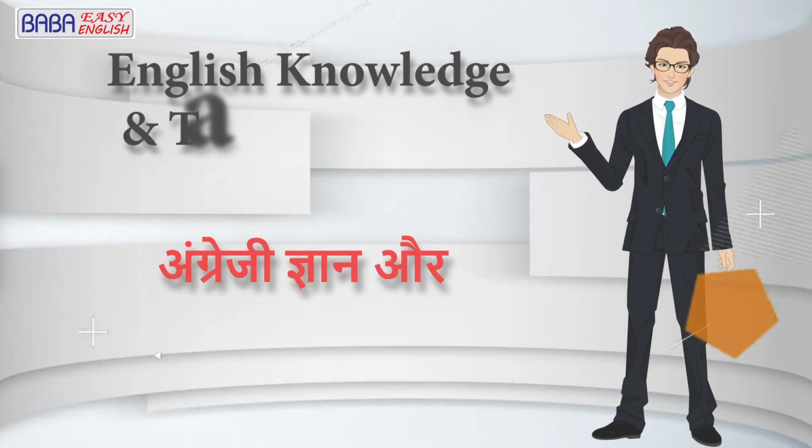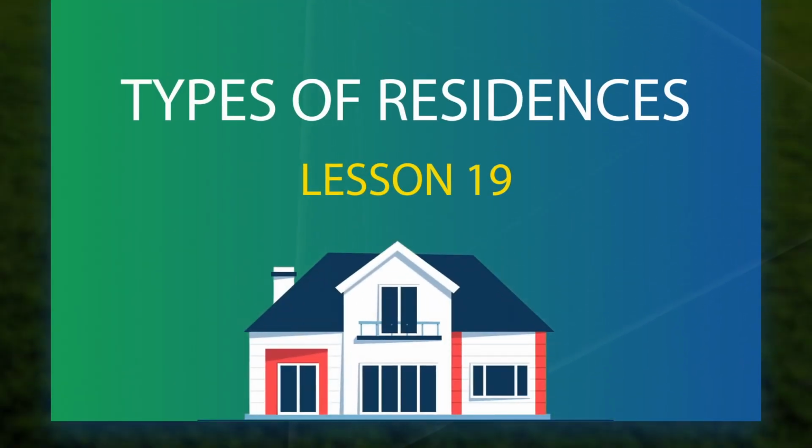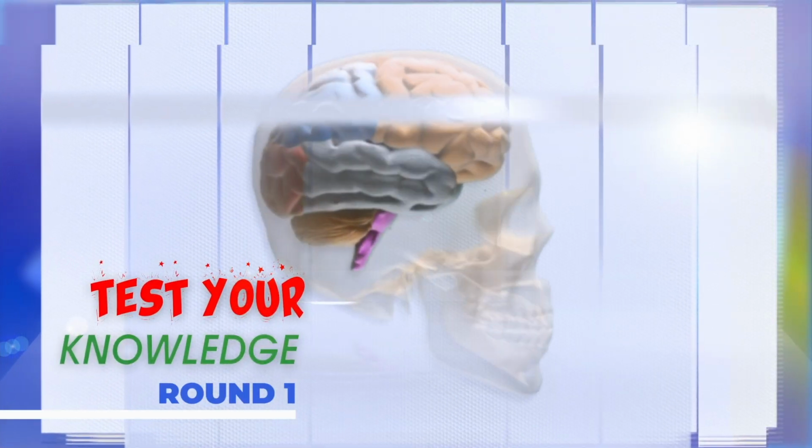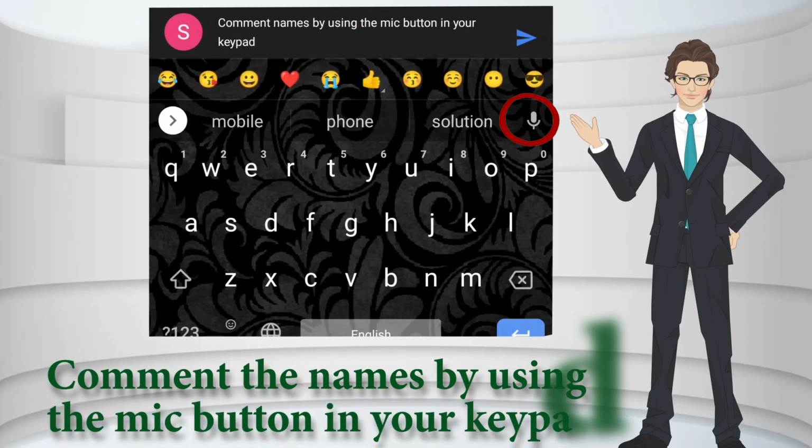English knowledge and talking practice in one lesson. Lesson 19. Types of residences. Round 1. Test your knowledge. Comment the names by using the mic button in your keypad.